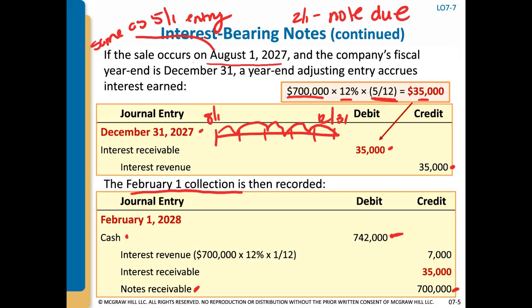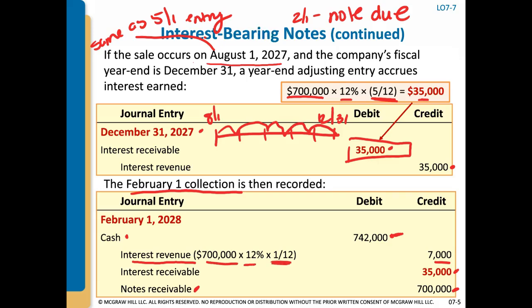So we would still credit our notes receivable, $700,000. We have this interest receivable that we recorded at 12/31 that is being paid off. So we credit the interest receivable for $35,000, so it's no longer on our books. And then we credit interest revenue. So this is just for the 1 month, the $700,000, 12%.